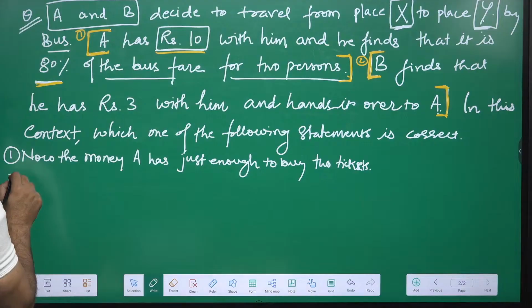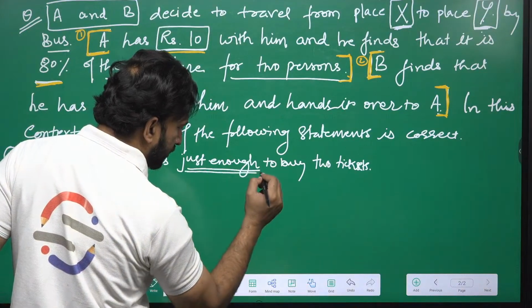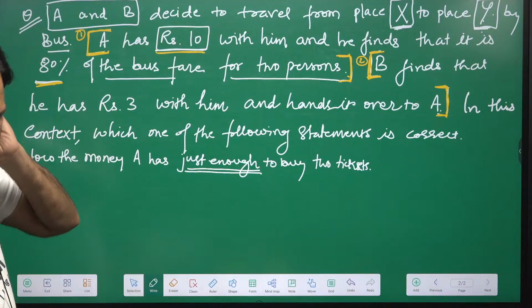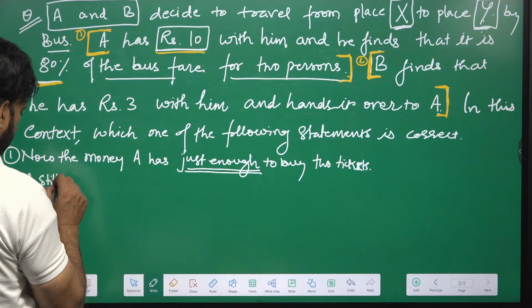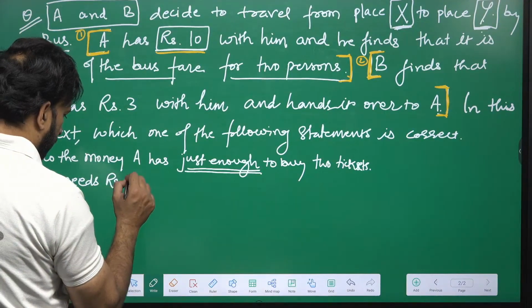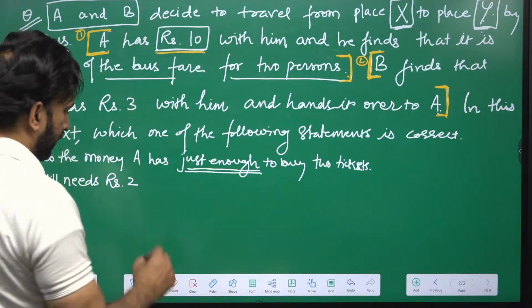Statement 2. Just enough. Focus on this keyword. Just enough. Right? A still needs rupees 2 for buying the tickets.